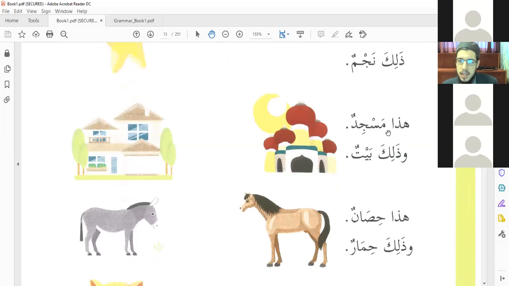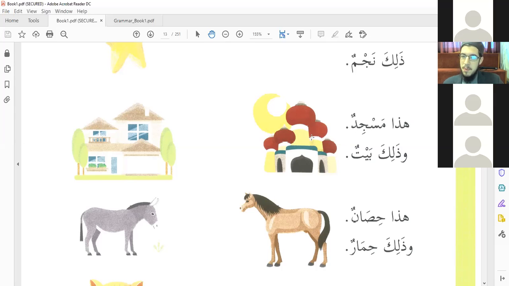Can you do the second example here? Yes. هذا مسجد. Okay. وذلك بيت. Excellent. Good job. هذا مسجد.